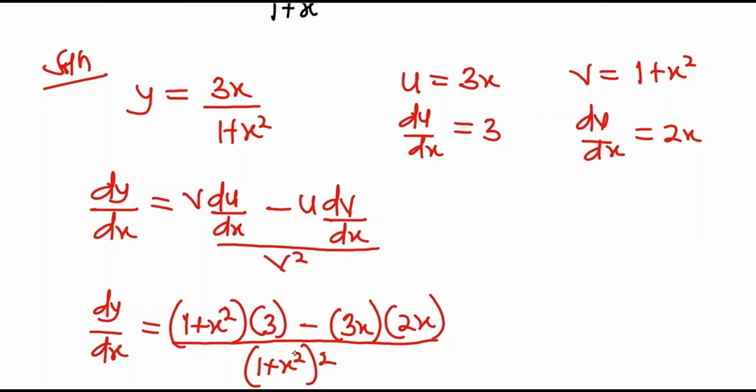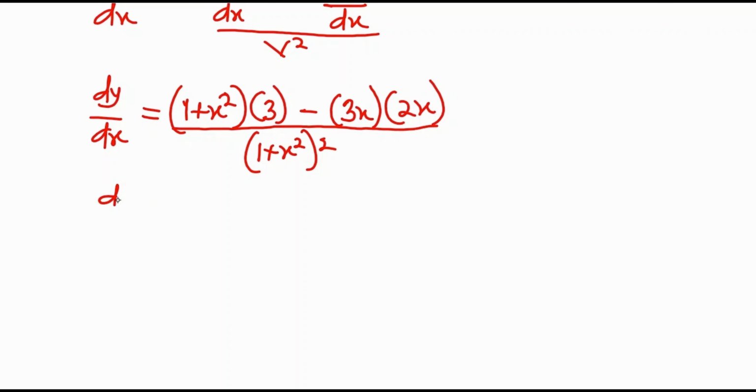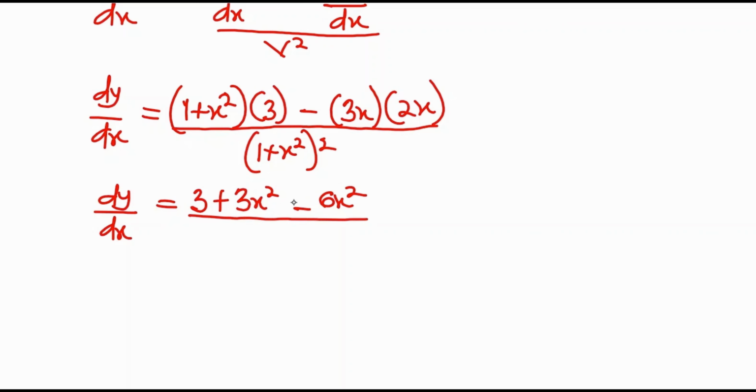Once we have this, we simplify by multiplying, and now dy/dx is equal to 3 times 1 gives us 3, plus 3 times x squared gives us 3x squared, minus 3x times 2x gives us 6x squared, all divided by 1 plus x squared all squared.